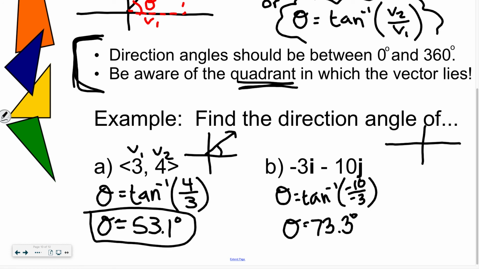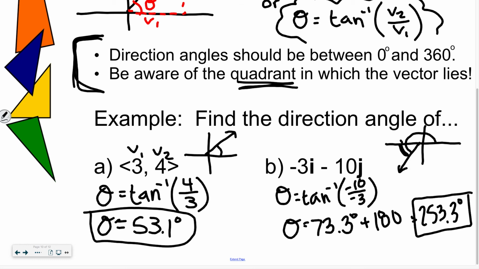No, that one, left 3, down 10, is somewhere in quadrant 3, and the angle from the positive x-axis to that vector is not 73.3. How do I get the actual angle? It's like a reverse reference angle. So 73.3 is that angle from the negative x-axis to the vector. So I would do what? Add the 180. It should be between 180 and 270, right? So that comes out to what? 253.3 degrees.